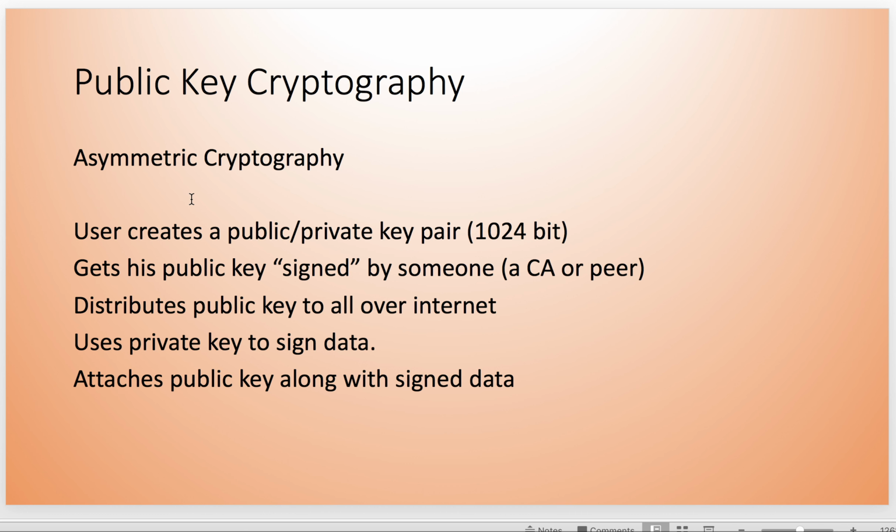Now, public key cryptography. So typically, asymmetric keys are used in public key cryptography. Now, these keys are used to validate the authenticity of a person or entity to whom the key belongs.